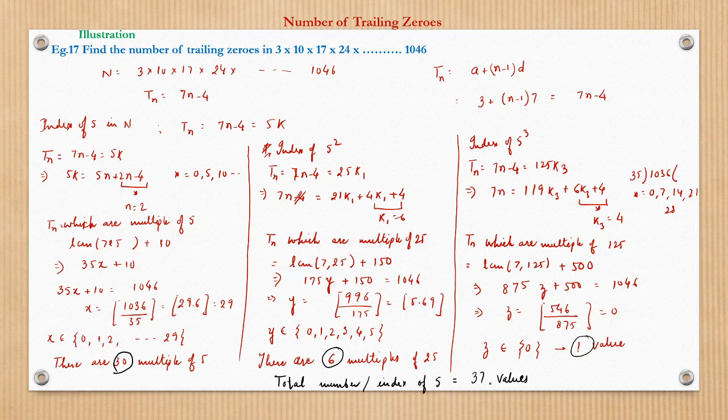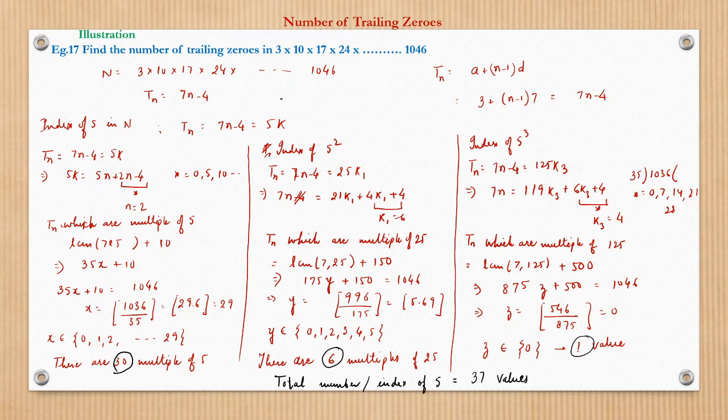Now, should we also check the powers of 2? See, powers of 2 here would be more than power of 5. Why? That we can check again by equating 7n minus 4 is equal to 2k. Because 5 would be repeating after a gap of every 35, right? But 2 we can see is repeating after a gap of just 14, 10, 24, and that 24 has a more, so certainly power of 2 would be more here, that you can check back home as a backup calculation.